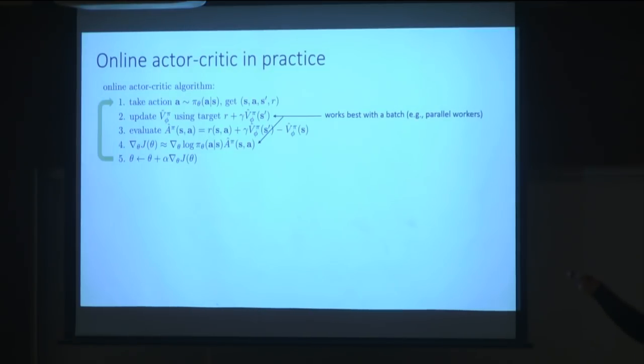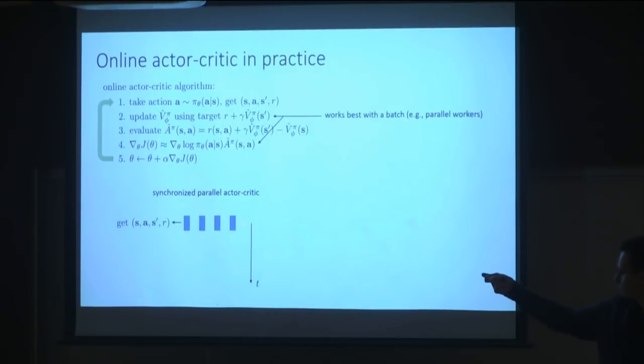One good design for on-policy actor-critic algorithms like this, if you want them to be online, is to use a parallel setup. A very simple parallel setup with synchronous workers is to have a few different threads that are all collecting transitions. These different threads might literally be just running the simulator. They don't actually have to be threads. You can do it sequentially too if you want, but it's obviously more efficient to parallelize.